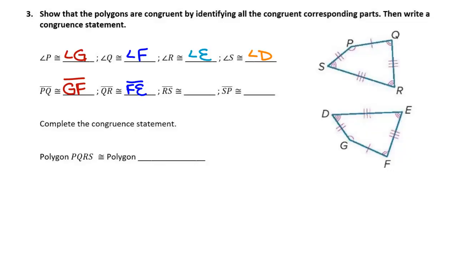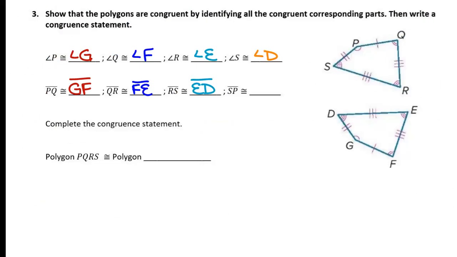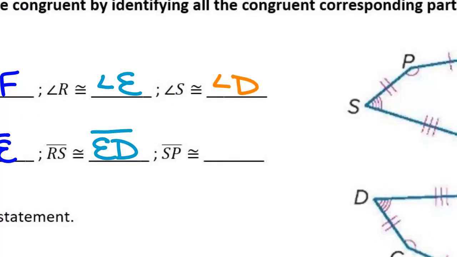What about RS? What would correspond to RS? Which ones? ED. Segment ED. And what about SP? GD or DG. Doesn't matter on the order of the letters there. So we can do DG or GD.